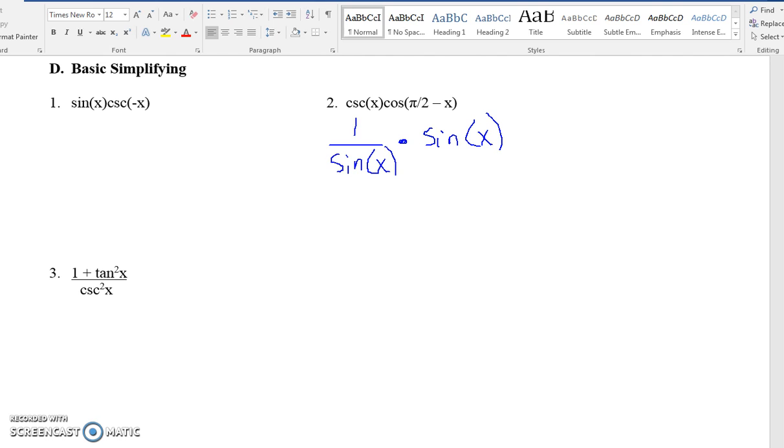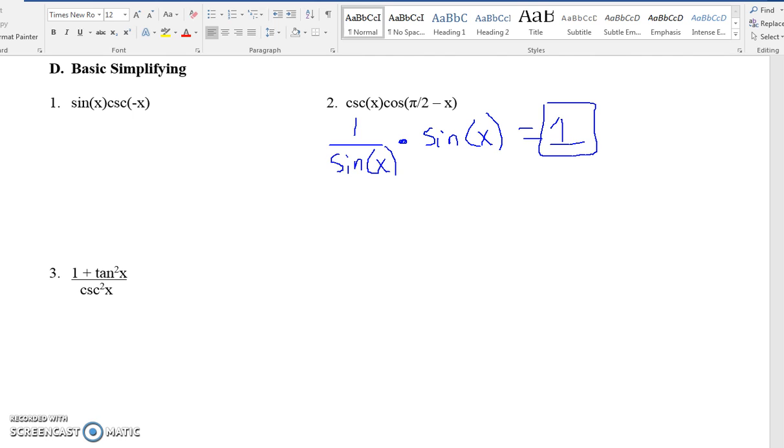So I know it looks a little confusing right away, but if you just do the basic substitutions that you see from your list, now it's just a basic algebra problem. If we think of sine of x as, let's say, 7, we have 1/7 times 7, and that just equals the number 1. So that's my final answer for this one.